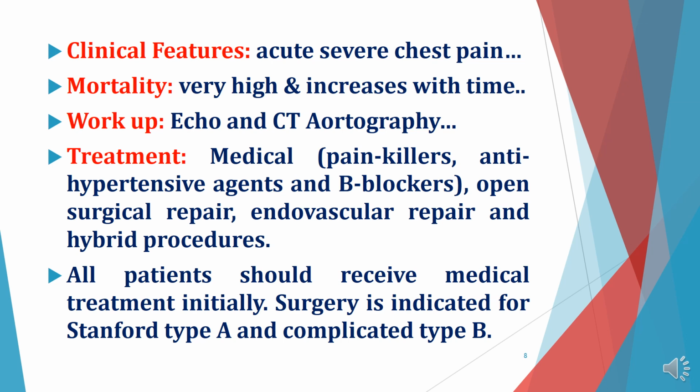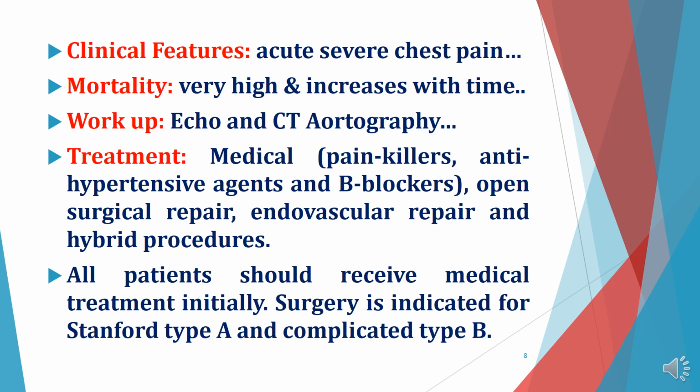The treatment is medical treatment in the form of painkillers, antihypertensive agents, and beta blockers, and open surgical repair, endovascular repair, and hybrid procedures. All patients should receive medical treatment initially.